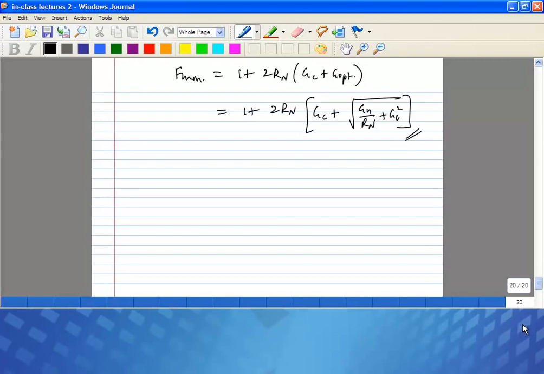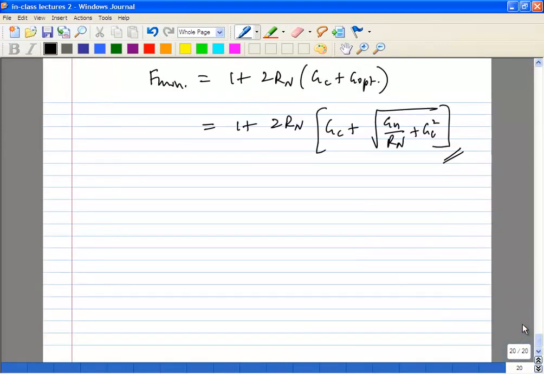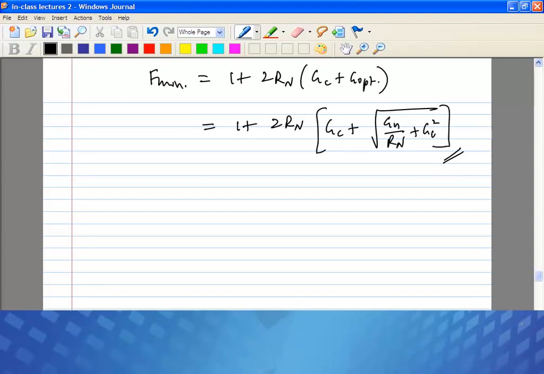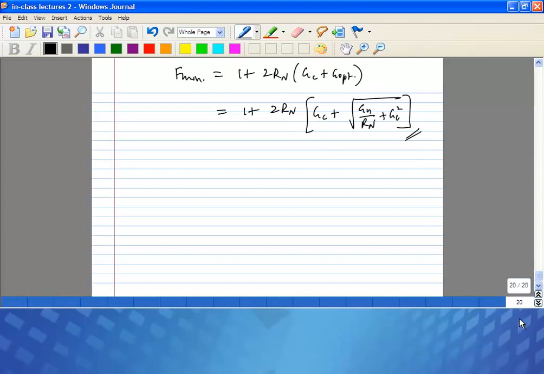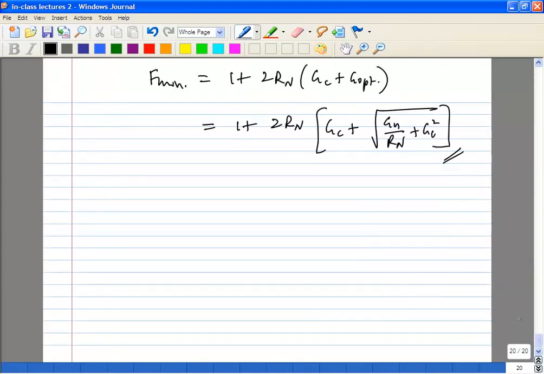The general f in terms of f min. Now that we found out f min, we'll find that f for any general case can be written in terms of this f min.